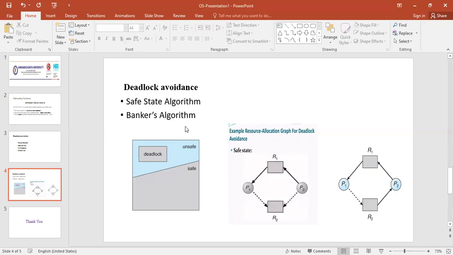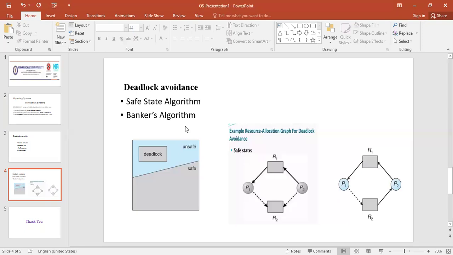In this situation, if the resources needed by the first process are not immediately available, it waits until the P2 process has finished. When P2 has finished, the first process obtains all of its needed resources, completes the designated task, returns its allocated resources and then terminates.